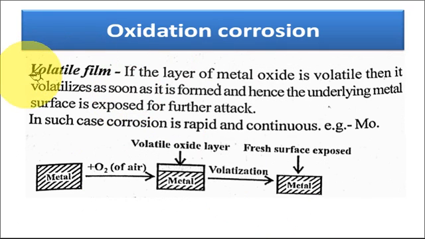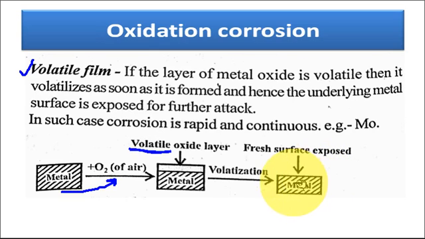The third case is the formation of the volatile film. If metal undergoes corrosion and metal oxide is formed on the metal surface, and the nature of the oxide layer is volatile, that means as the metal oxide is formed, it soon gets evaporated. So when the metal oxide layer is evaporated, the next fresh metal surface is exposed to further attack of the oxygen.